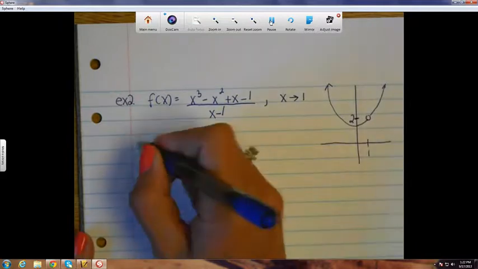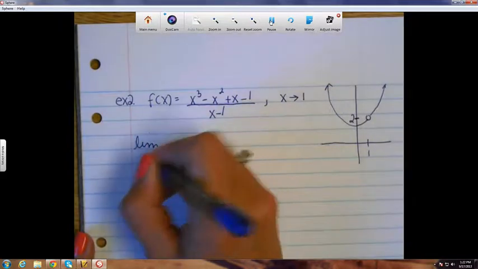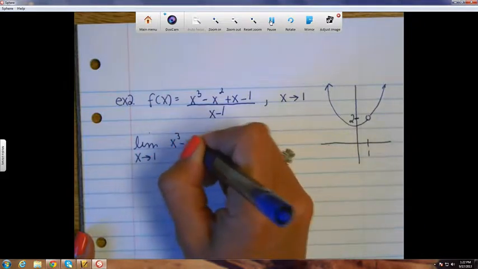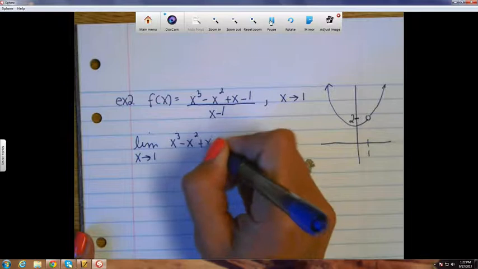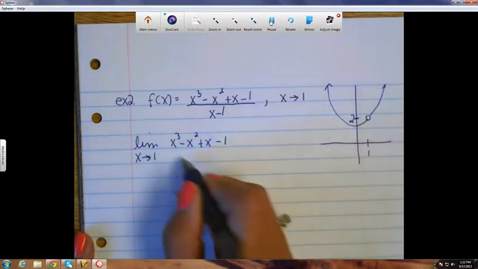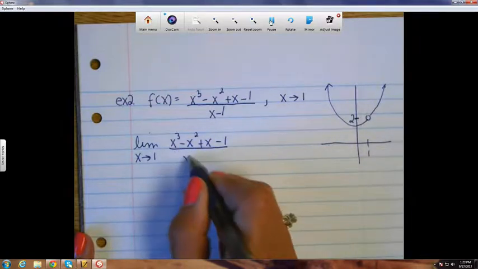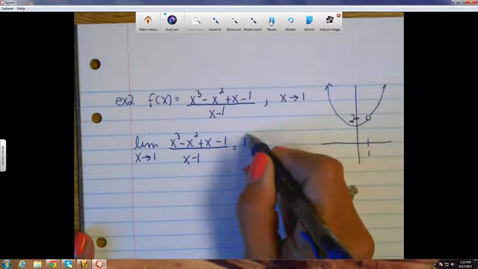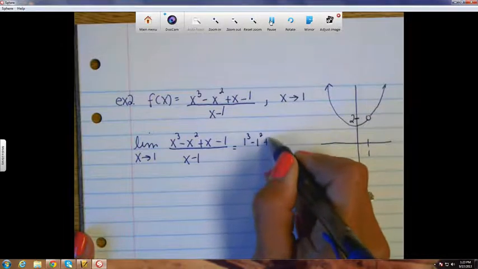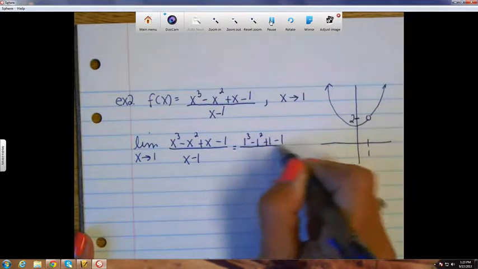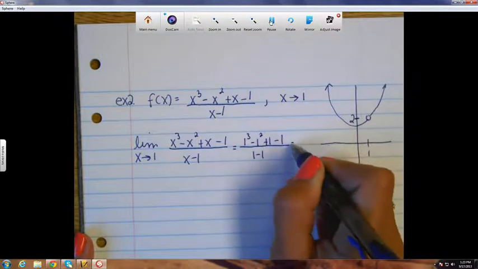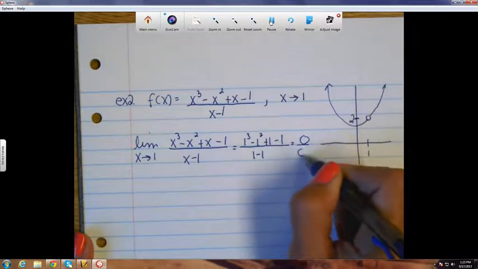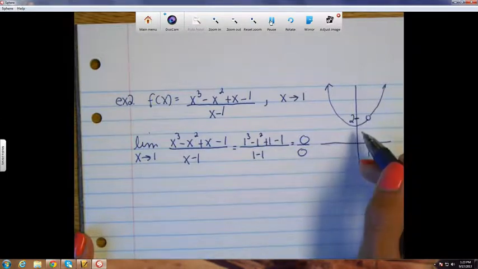The limit as x approaches 1 of x cubed minus x squared plus x minus 1 over x minus 1. You do need to show the substitution and show what it comes out equal to. So 1 cubed minus 1 squared plus 1 minus 1, all over 1 minus 1. 1 minus 1, 0, 1, 0 over 0. There's our indeterminate form.